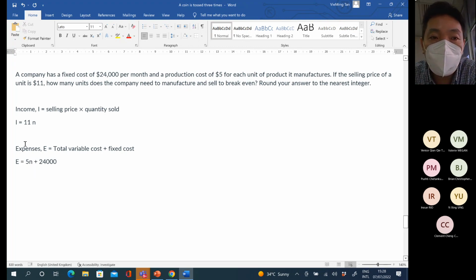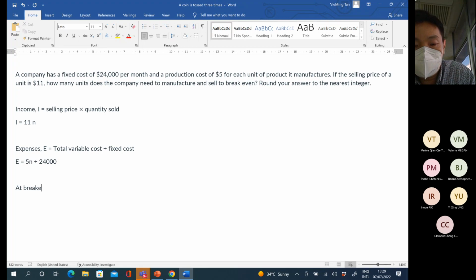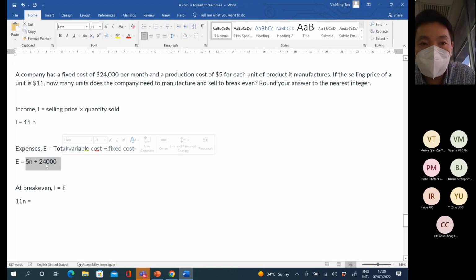So once you have two equations, then you can solve the n value. Why? Because we know that at the break even, I is always equal to E. Okay, because of this condition, we can conclude that 11n is always equal to this one.